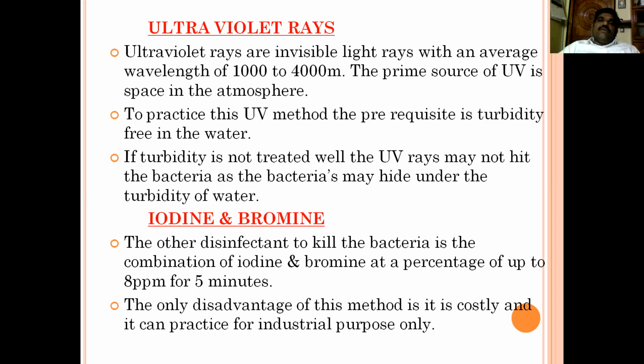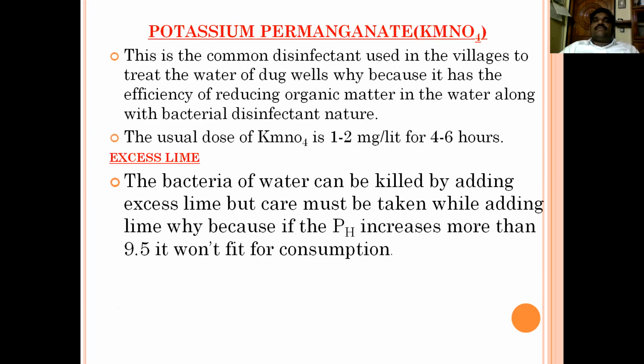If the turbidity is more, we cannot apply this method because the bacteria will hide under any obstacle and we can't kill the bacteria. Iodine and bromine, we can adapt this method mostly for industrial purposes.